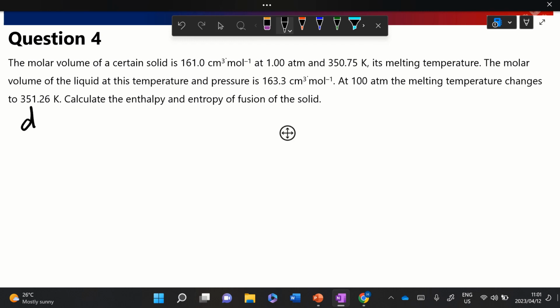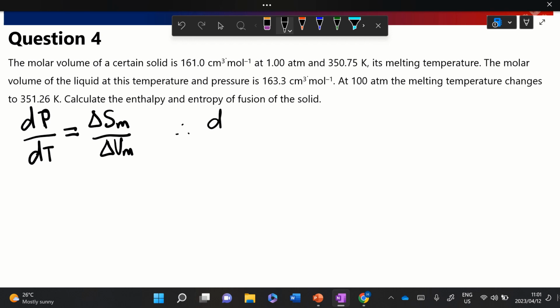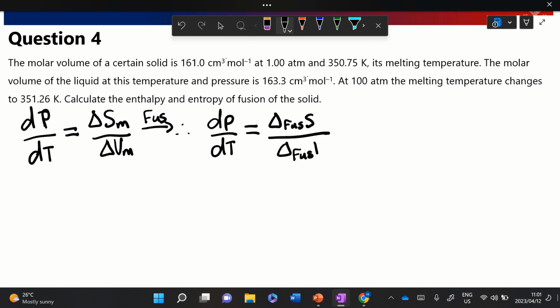So what the Clapeyron equation states is that dP over dT is equal to the change in molar entropy over the change in molar volume. For a specific process, for example fusion, we can write dP/dT is equal to the entropy of fusion divided by the molar volume change of fusion.